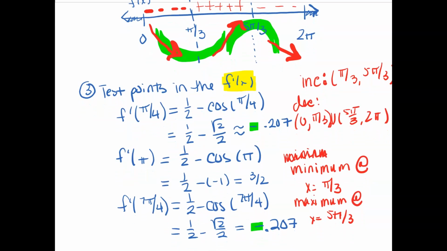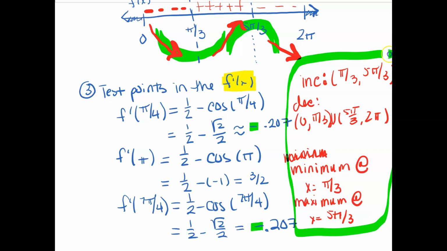After you take the derivative and set it equal to 0, the rest of it is using your number line, analyzing, and evaluating. And so then we're able to say, here's our increasing, here's our decreasing, here's our minimum, here's our maximum.